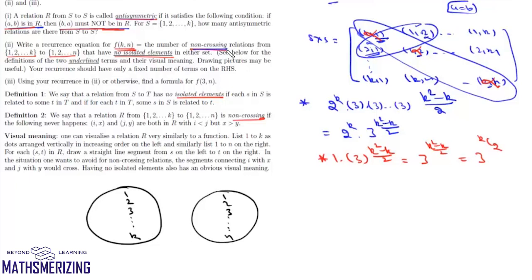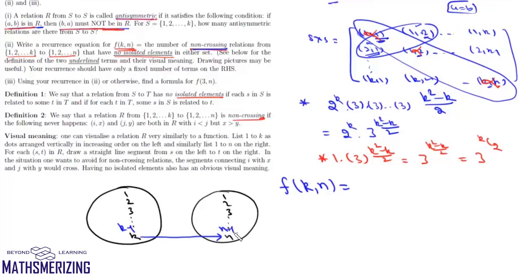Now we need to find the number of non-crossing relations having no isolated elements from set k to n. So we need to find Fkn. Now we know that for this relation to be non-crossing with no isolated elements, this k must be mapped to n.